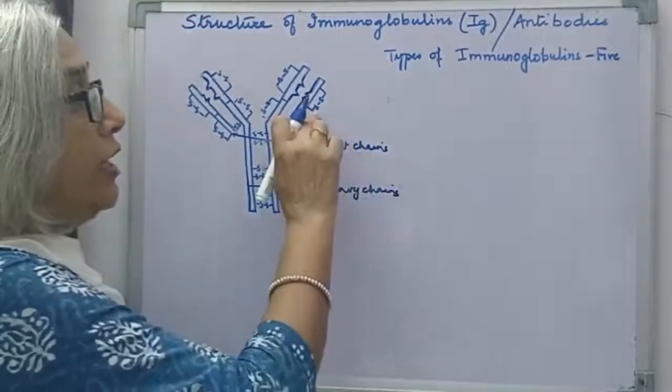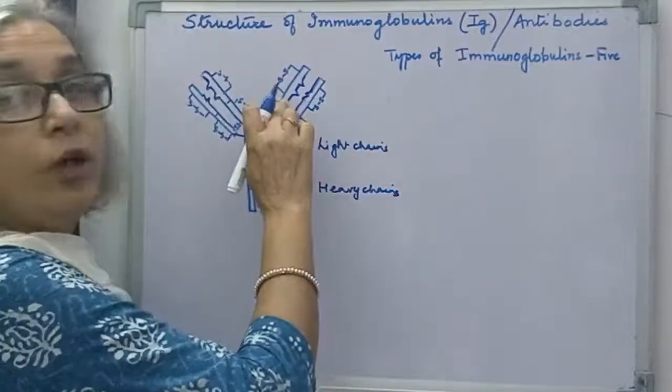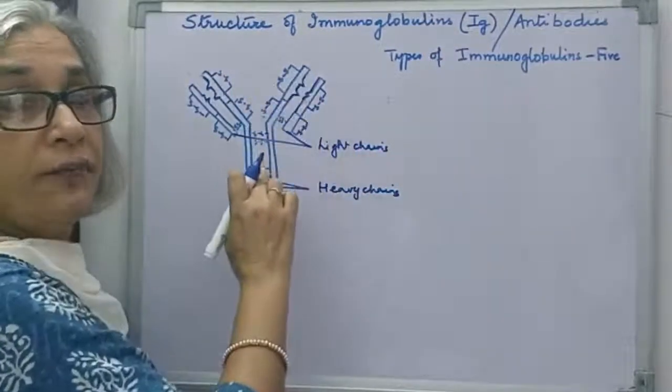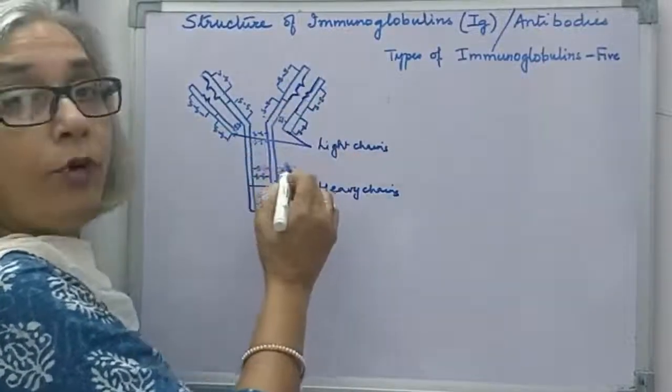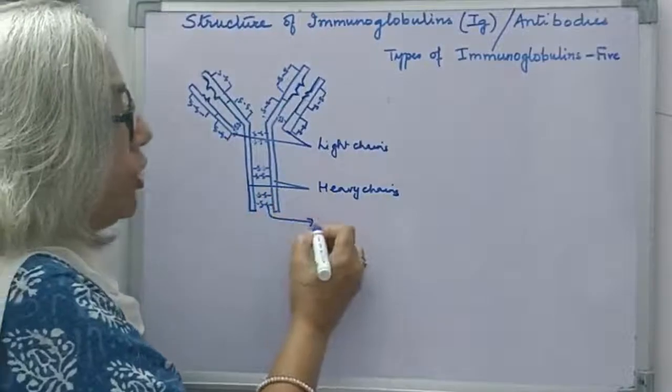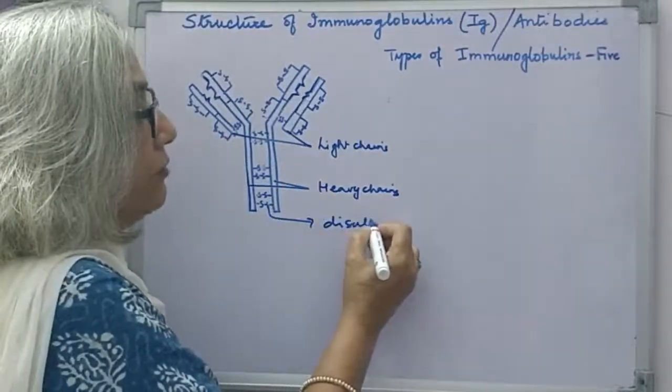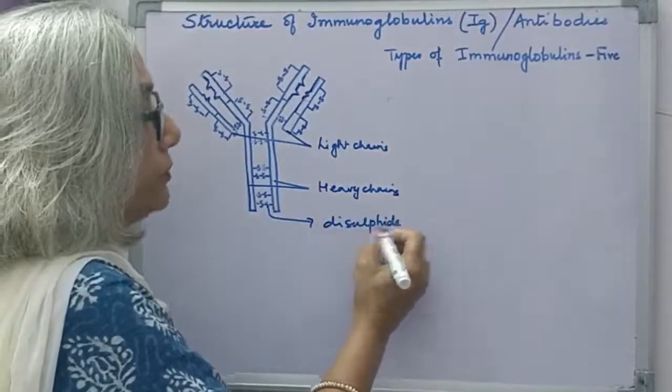Now the light chain is joined to the heavy chain, and all the 4 polypeptide chains are joined to each other by disulfide bonds.